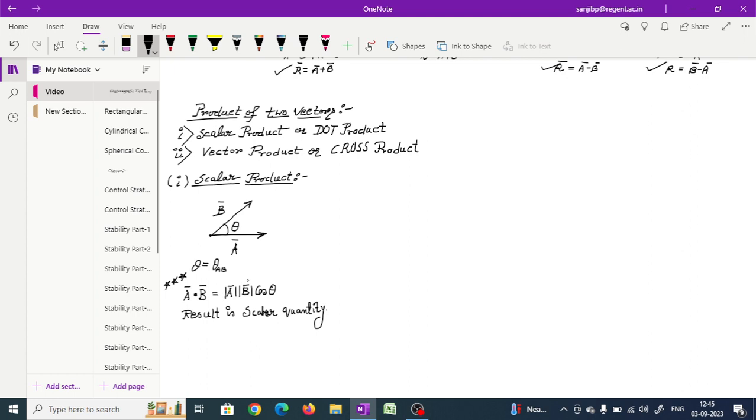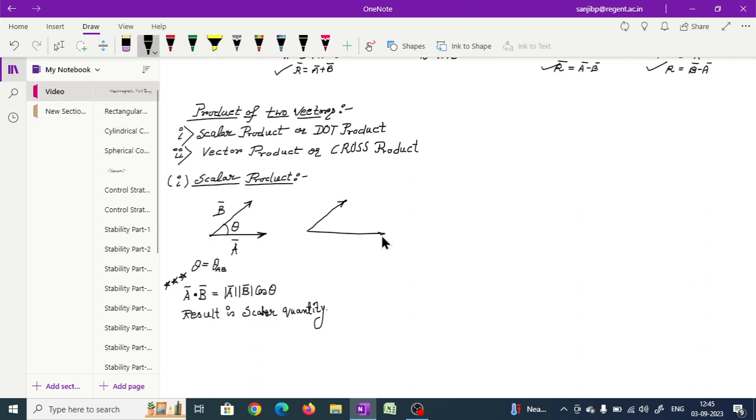Now how will we do it? The procedure is this: suppose I draw the diagram again. This is my B vector and this is my A vector.